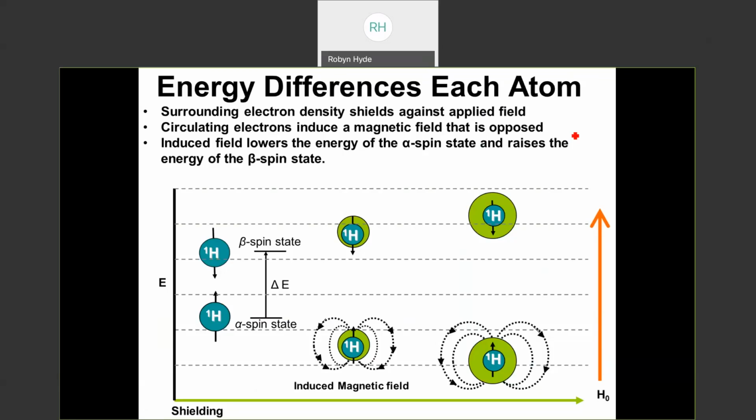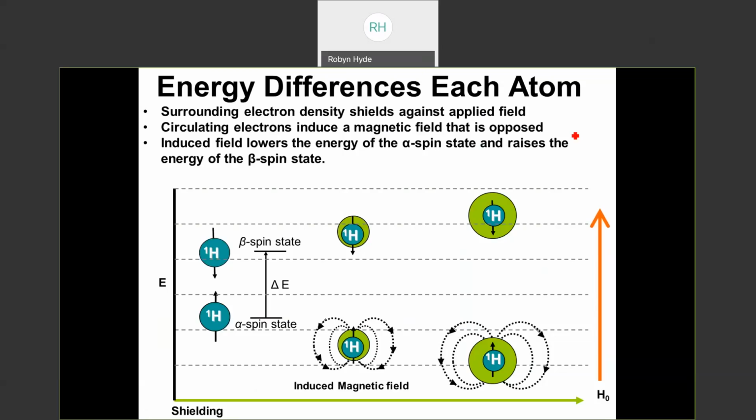So here's a way to think about it. Yeah, Abby, go ahead. So one proton with lots of electron density, it has one protection level. So it's very protected.